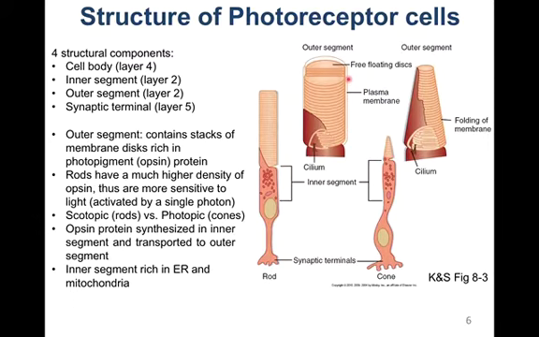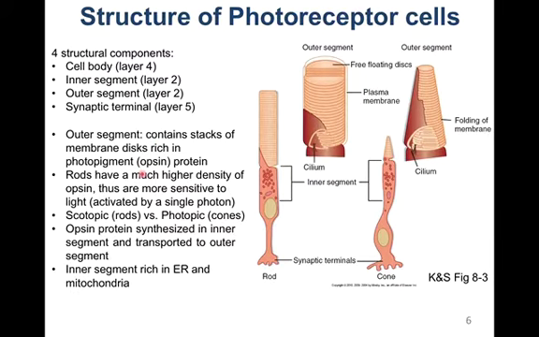Those are intracellular, free-floating discs, flattened vesicles, all surrounded by plasma membrane, which is cut away here in this cartoon so that you can see the free-floating discs, all of which are packed with light-sensitive protein opsins. So the outer segment contains stacks of membrane discs, flattened vesicles that are rich in the photopigment.